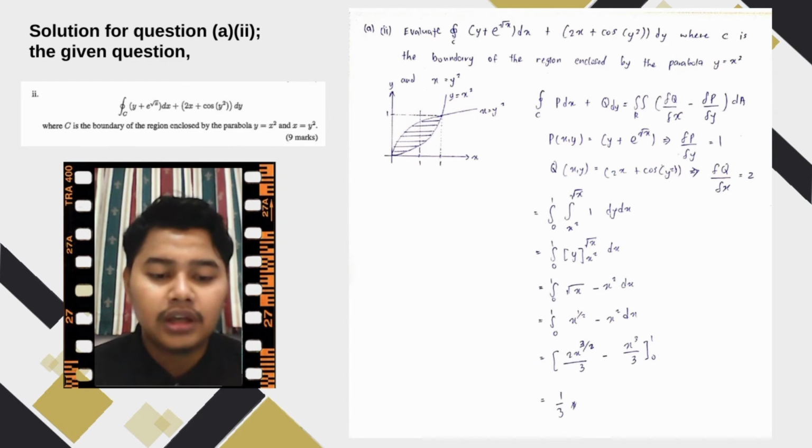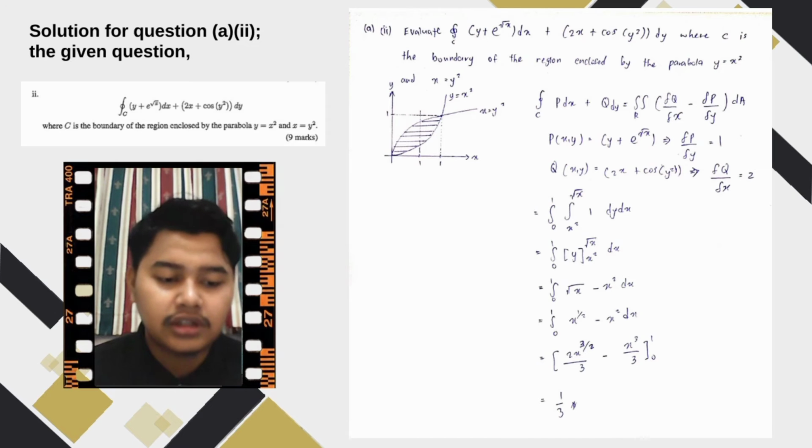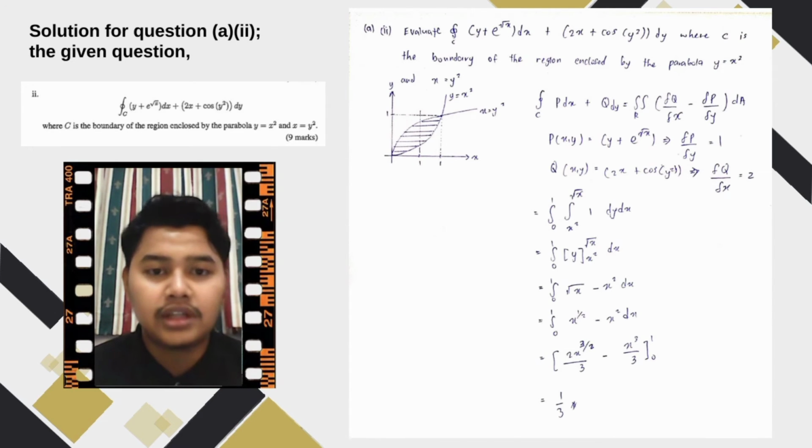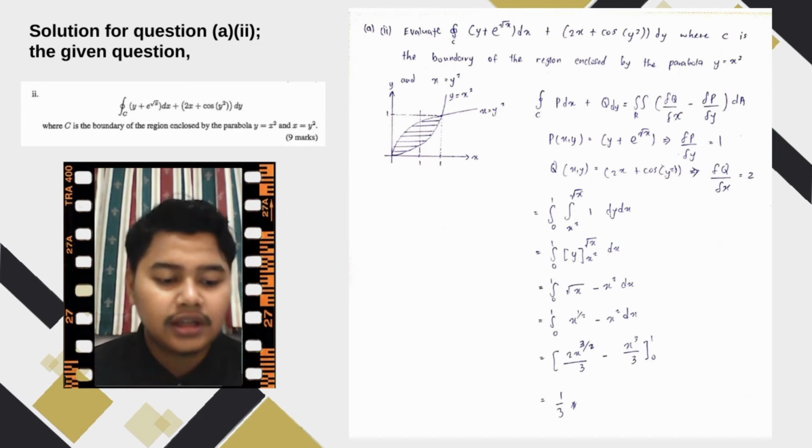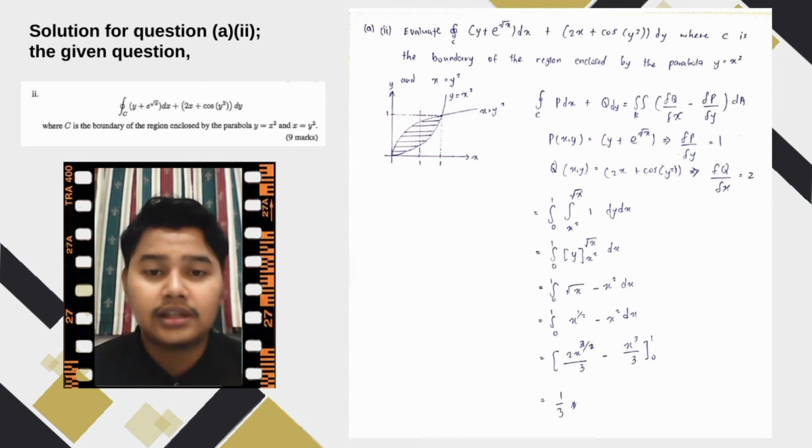After we put the answers for P and Q into Green's theorem, we get the equation, and then we integrate with respect to y, and then with respect to x, from the limits 0 to 1, and we get the answer 1/3.